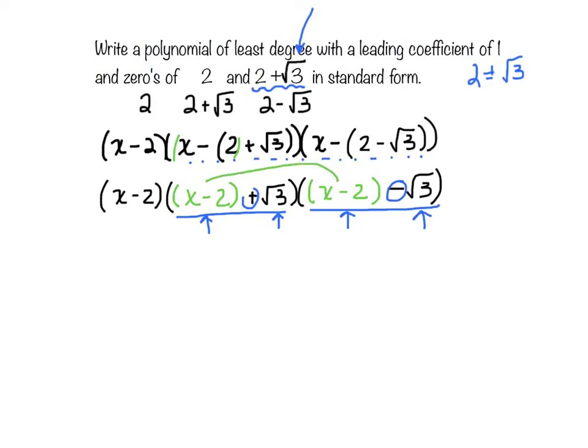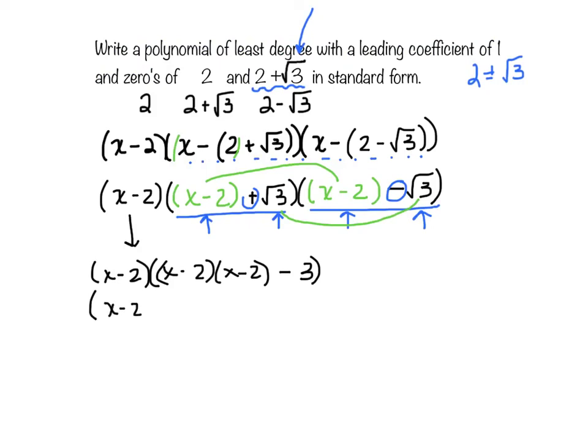I'm going to multiply the firsts and the lasts. So this x minus 2 is going to come down. If I multiply the firsts here, I get x minus 2 times x minus 2. And then I'm going to multiply the lasts. So that's going to be minus radical 9, which is 3. So I'm going to have x minus 2.